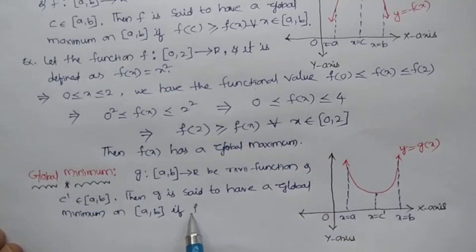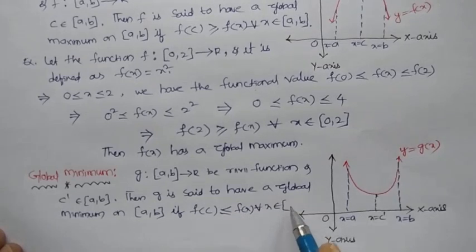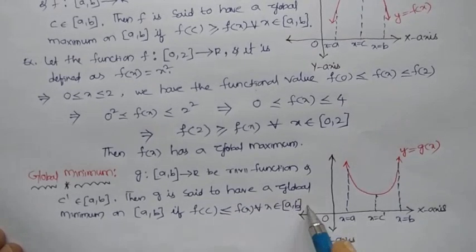So what is the opposite condition? g of c dash should attain the minimum value, meaning it is less than or equal to g of x for all x belonging to the closed interval a comma b.